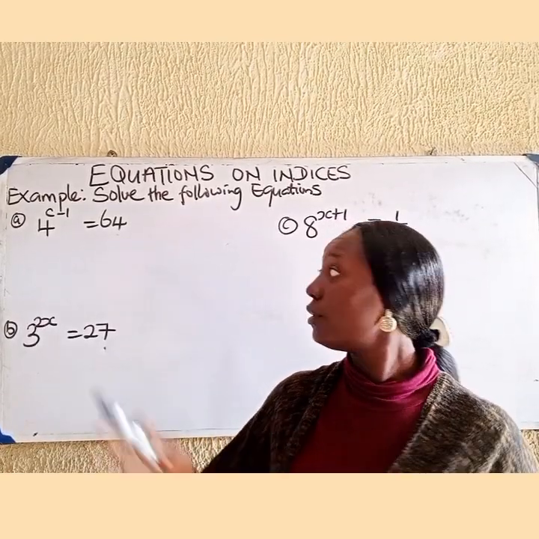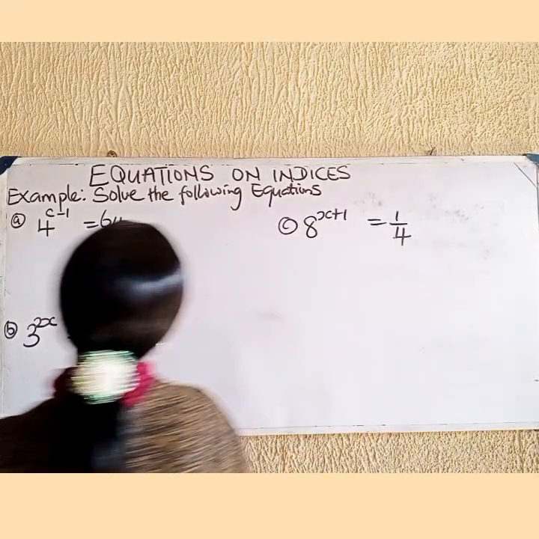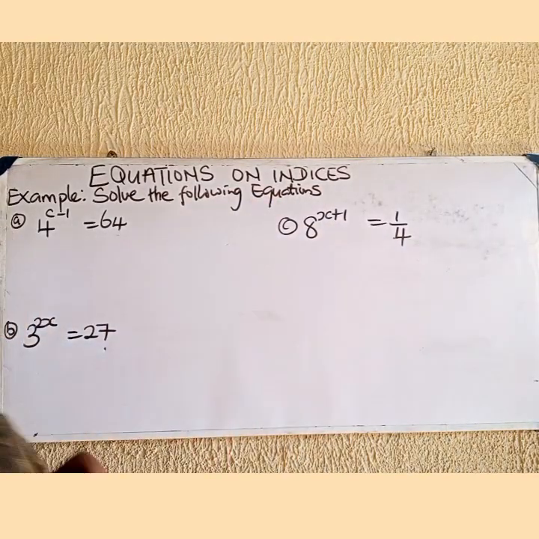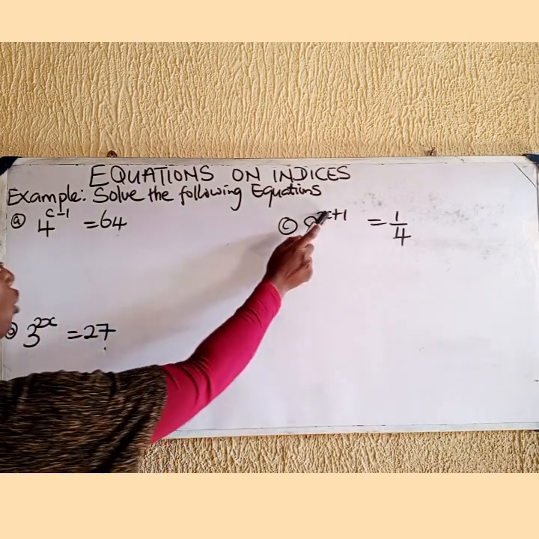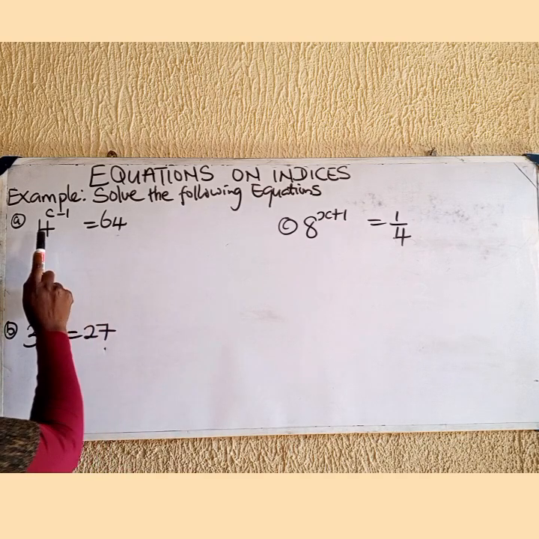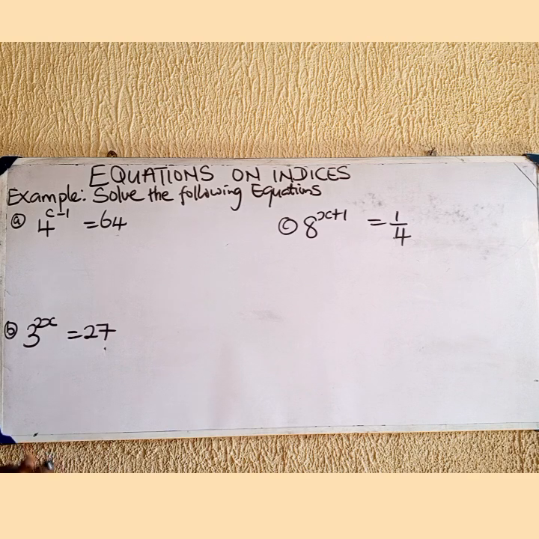Now let's solve some examples on equation on indices. Now look at these examples. We are going to find the value of the unknown. For this one, I have 4 raised to power c minus 1 equal to 64.